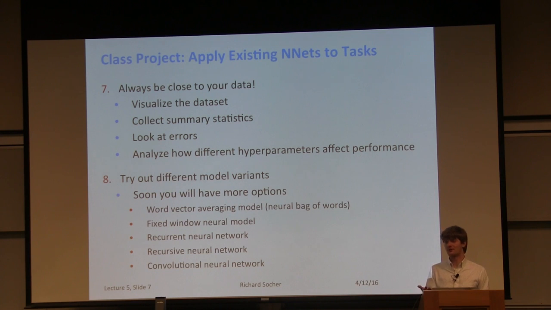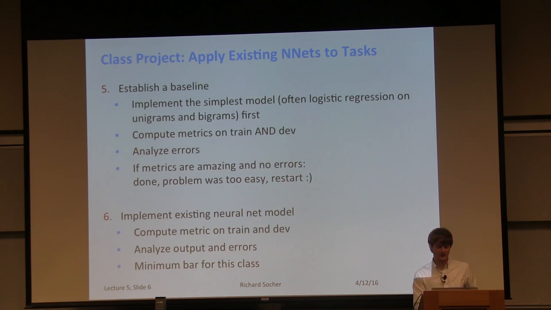And what you'll often observe is that as you increase your training data set size, the accuracy also will improve, and sometimes it will improve more than all the things that we could do on the model side. Any questions on how you can be close to your data or establishing your baseline?